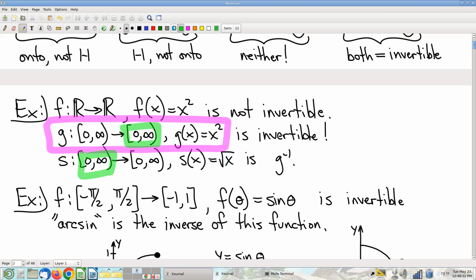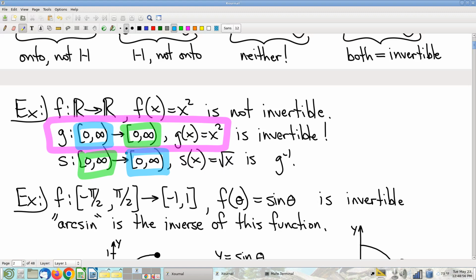And then likewise, notice that my original domain here is only the non-negative inputs. And for every real number that has a square root, it has exactly one non-negative square root. So that can be our target. And this function I have highlighted in purple is invertible.